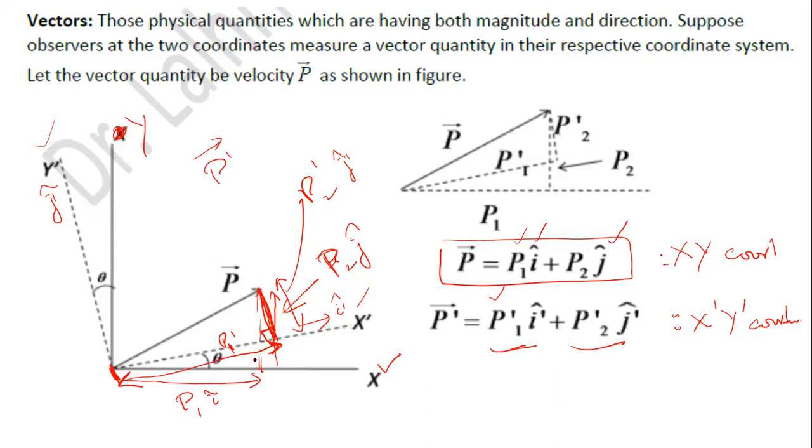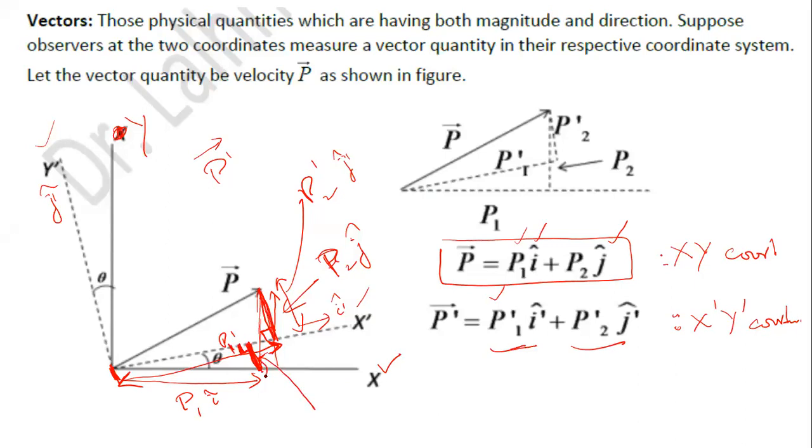From this point, if you drop a perpendicular here, let us assume that this is 90 degrees. Then what will be this length?